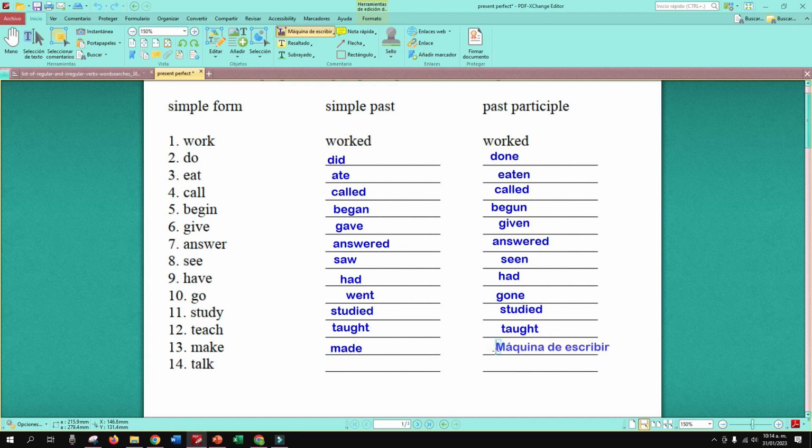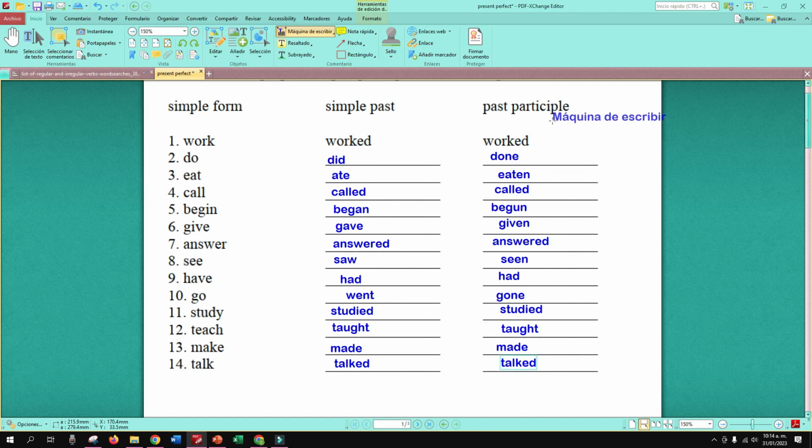Excellent. And in past participle, that is almost the same. Made, made. Yes? What about talk? Talked. Excellent. Talked, right? And that's the same in past participle, talked.